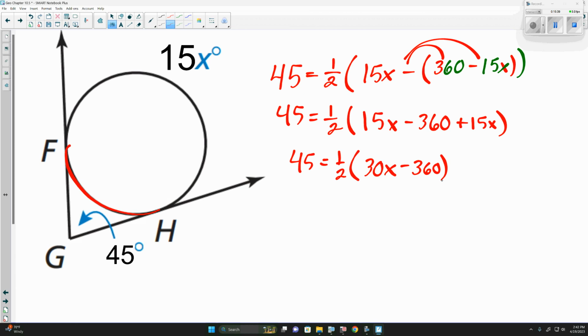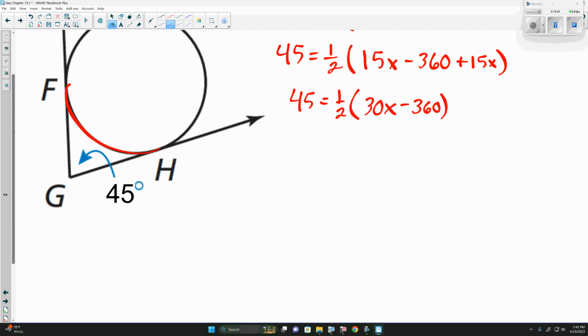Yes. So I'm going to do this in 2 ways so we can see it as both. One way is I can distribute the 1/2. 1/2 times 30 is 15. Half of 360 is 180.